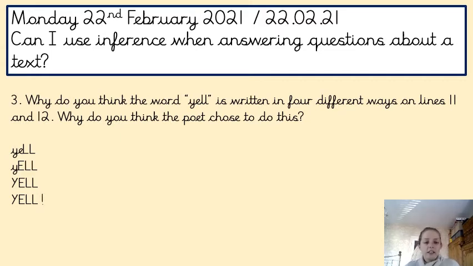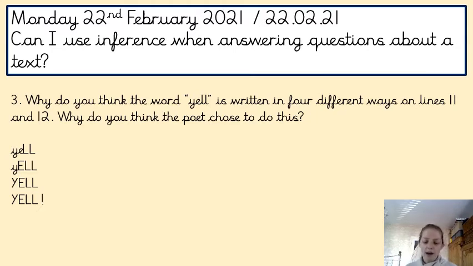Okay, so why do you think that our poet Francesca has decided to write yell in different ways? Now, is it because she wants to show how angry the narrator is? It could be. Do you think it's because she didn't know how to type out the word yell properly? Or do you think she wanted to do it for a bit of fun to see if anyone would notice? What do you think?